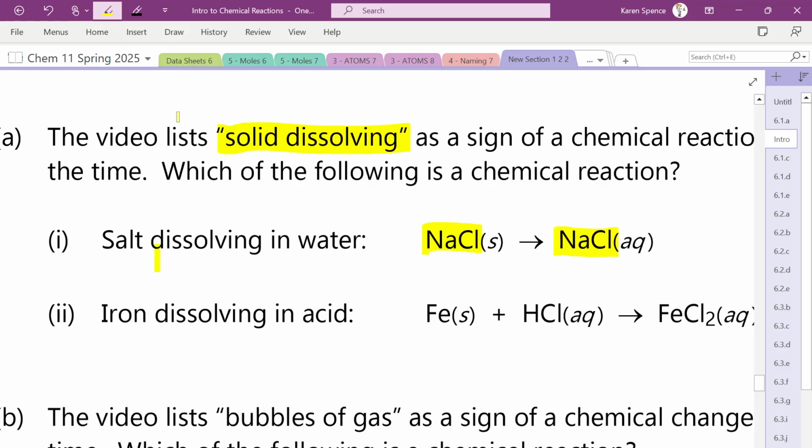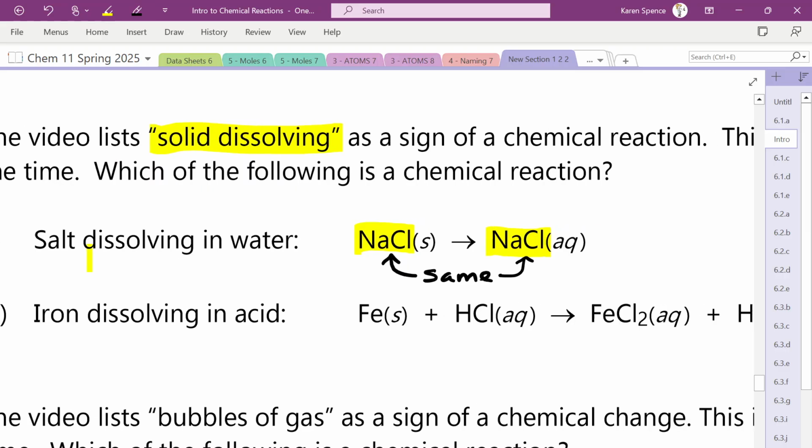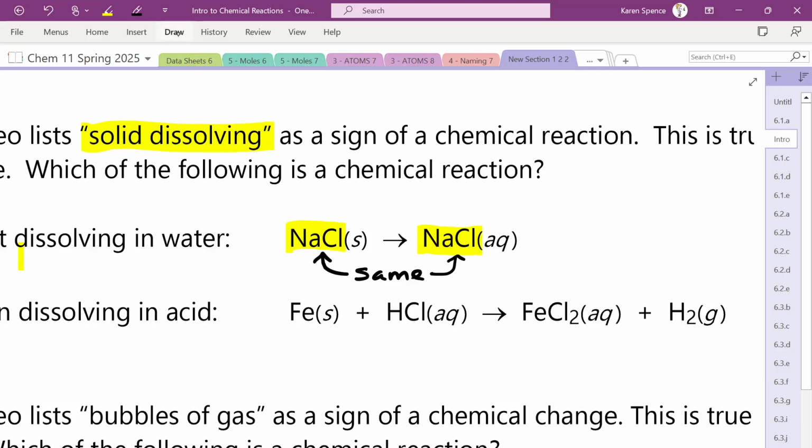These are the same. Okay, the only thing we have changed is we have gone from being a solid to being aqueous. We have had a change of state.